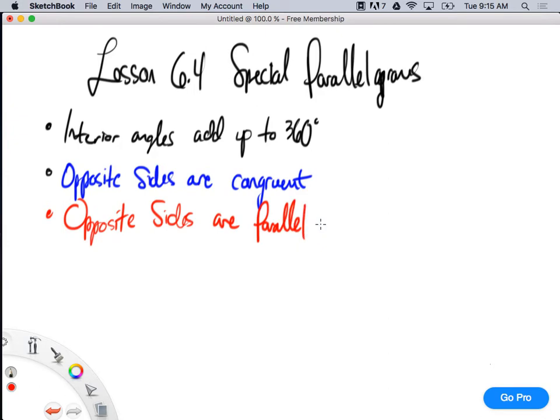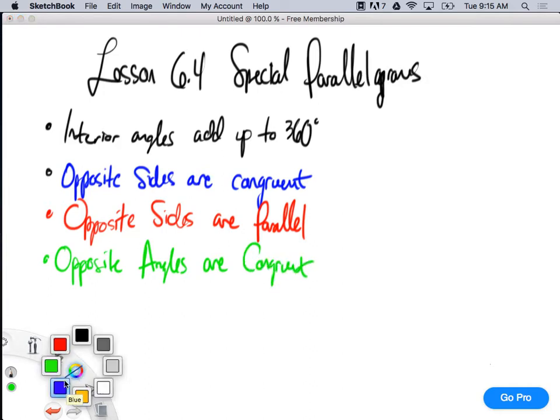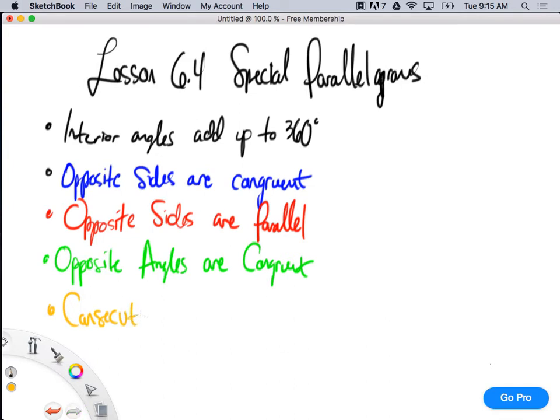So opposite sides are parallel. What do I know about the opposite angles of a parallelogram? They're congruent. Opposite angles are congruent. And then the consecutive angles, the ones right next to each other, are supplementary.